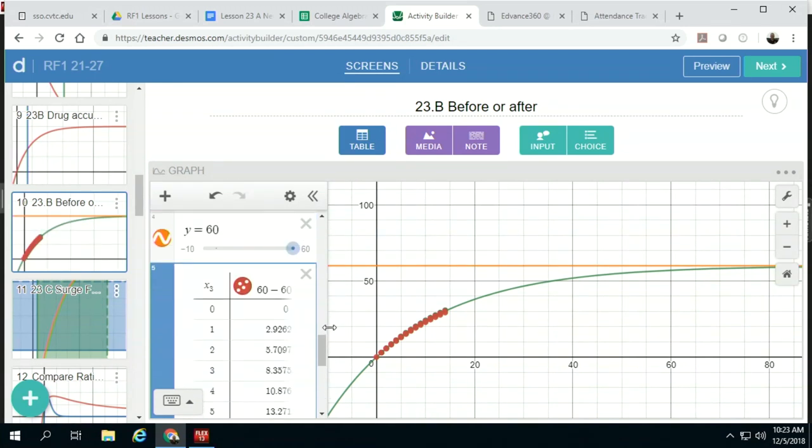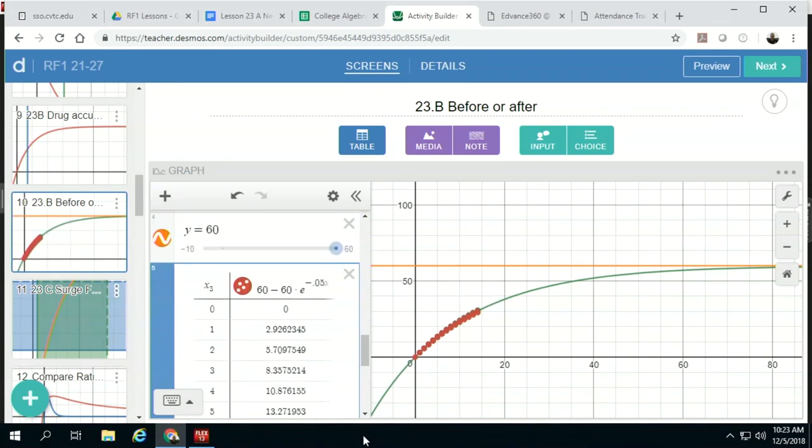Anybody need help? Because this is really going to save you time when you get to your assignments and when you get to your test, being able to fill in that table in Desmos. So after 1 hour, obviously at 0 hours it's 0.